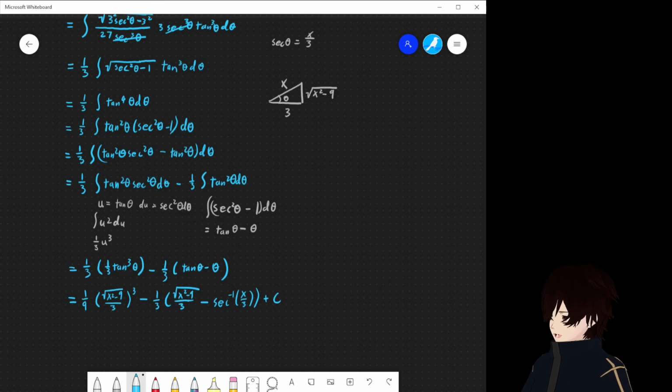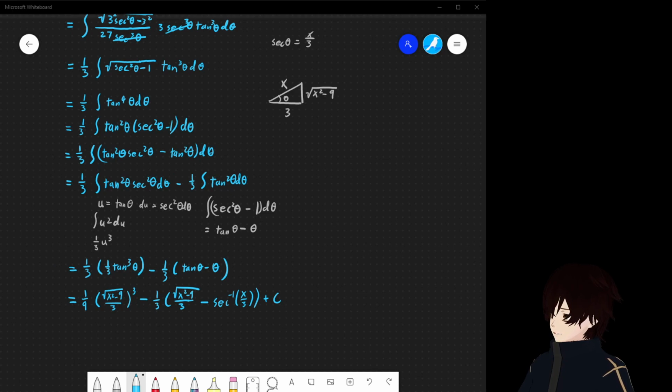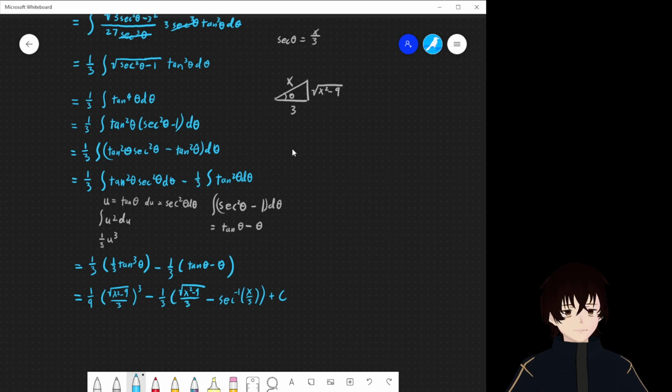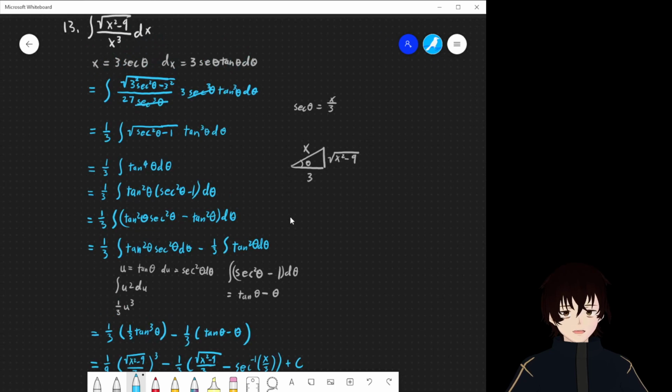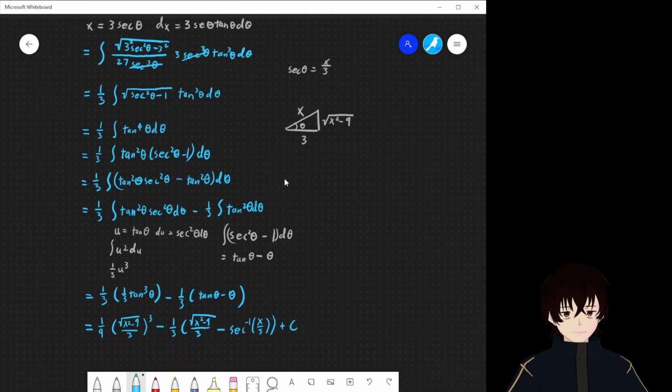That can't be right. Secant is hypotenuse over adjacent.